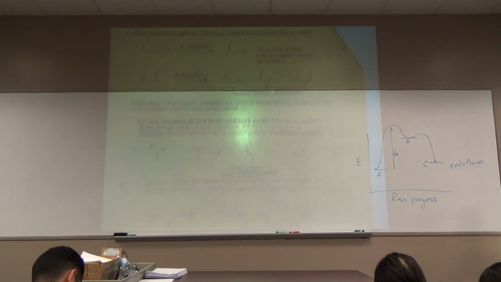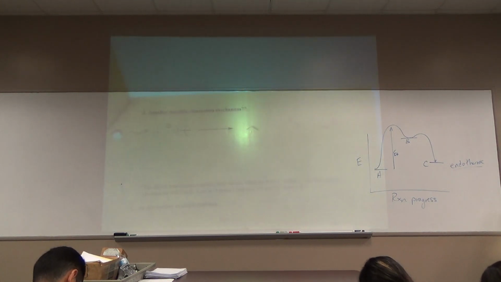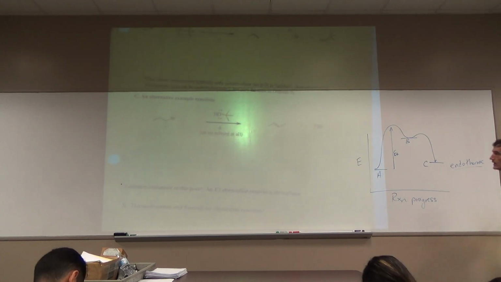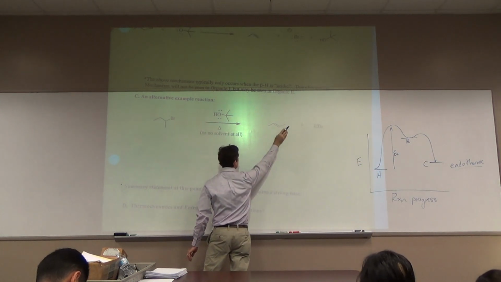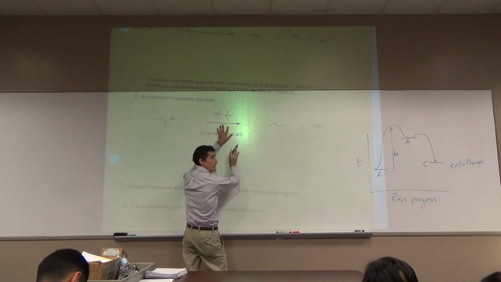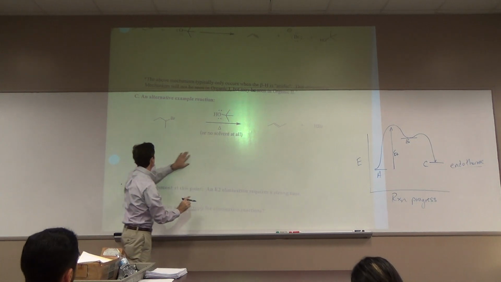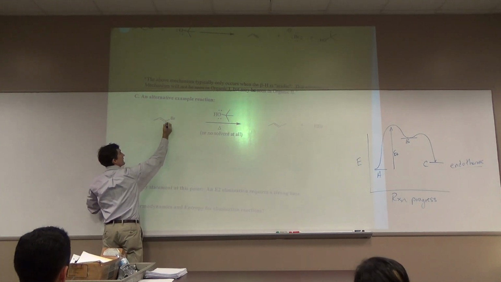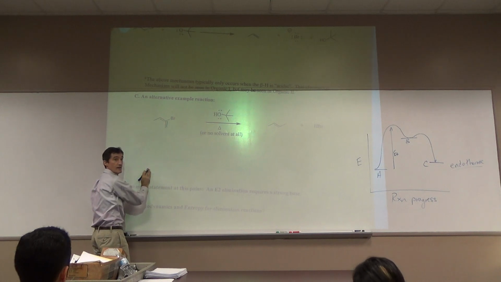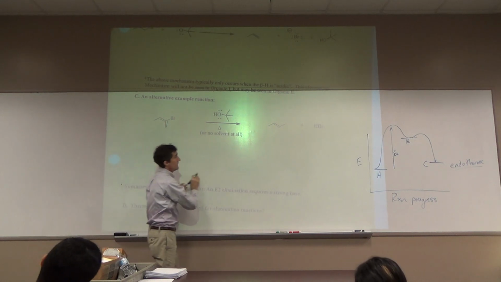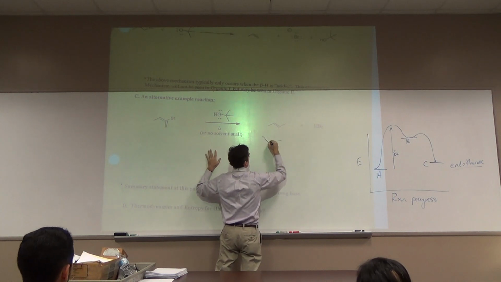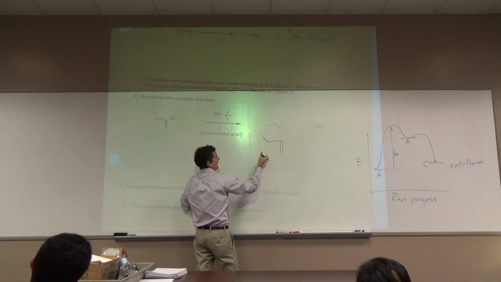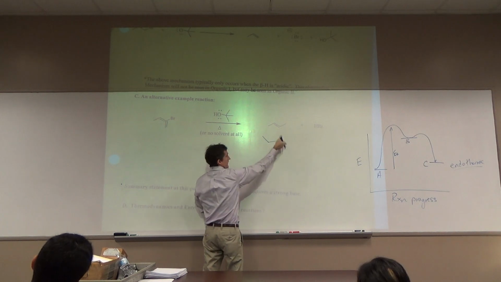By the way, let's go back to the previous page. What mechanism was this here? E1 or E2? E1. E1, so we should have gotten which product? Zaitsev, more substituted. So why did we put the double bond there and not there? If we put the double bond down here, it would have been this double bond here.